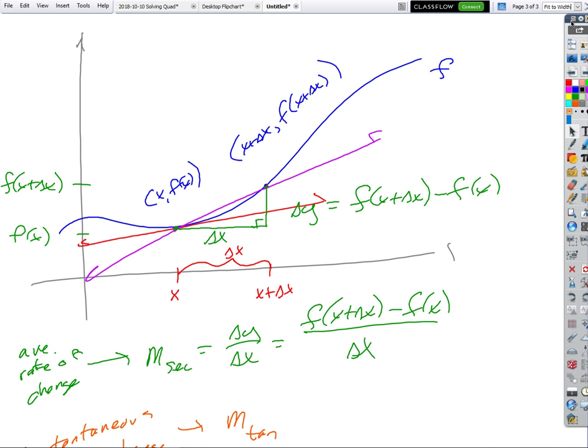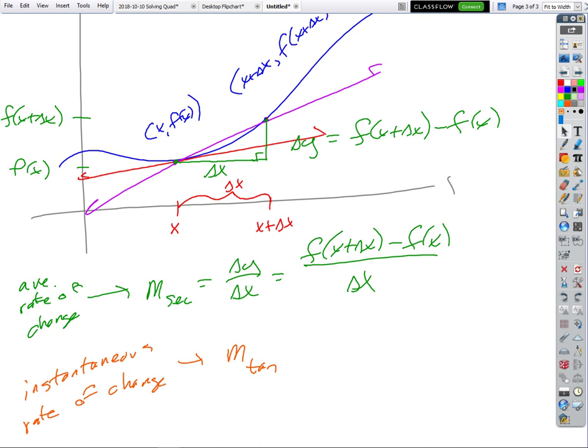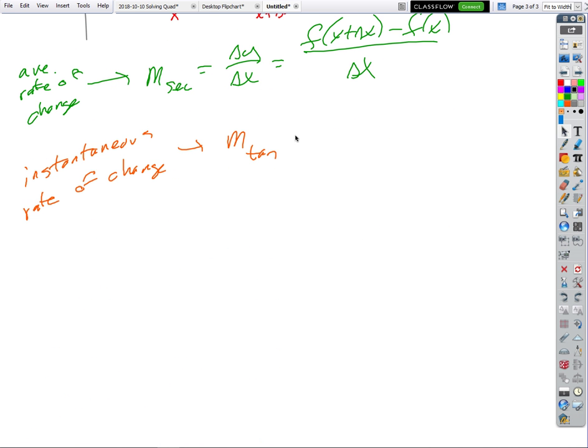So the instantaneous rate of change is just defined as the slope of the tangent, which is just the limit of what we call the difference quotient. The difference quotient is the name we assign to the fraction that you get when you're calculating an average rate of change.